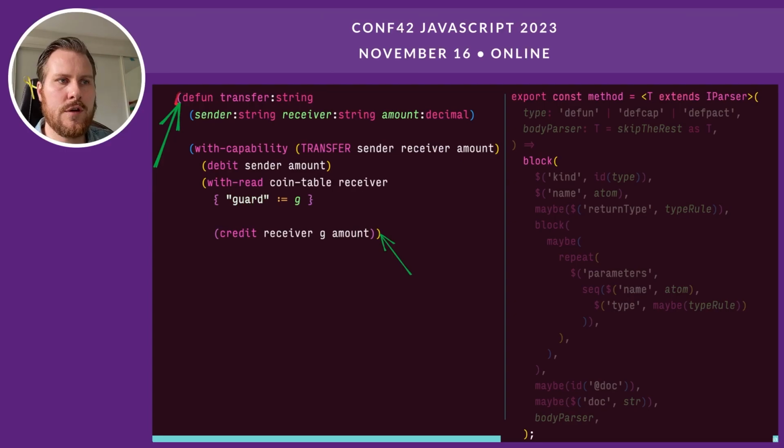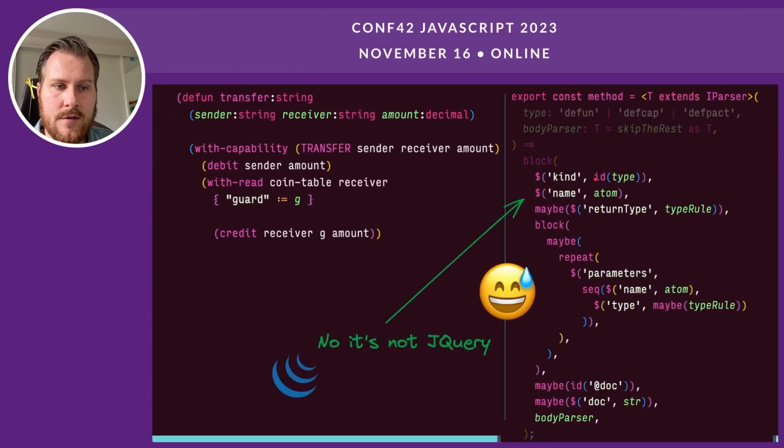So each code block in Pact is a starting and an ending parenthesis. This will work for mostly anything. Then it will see whether there is a kind. Well, it's not jQuery, but what we actually do here is we use these parts to create the elements that we want to extract from the code.